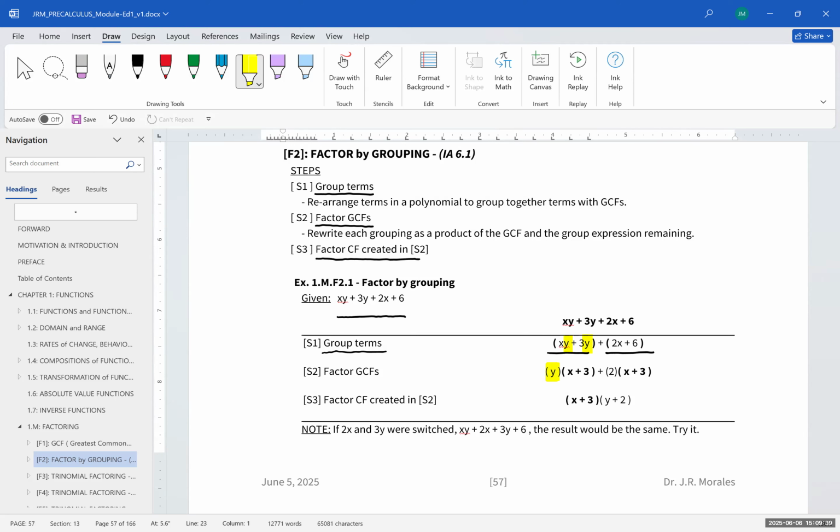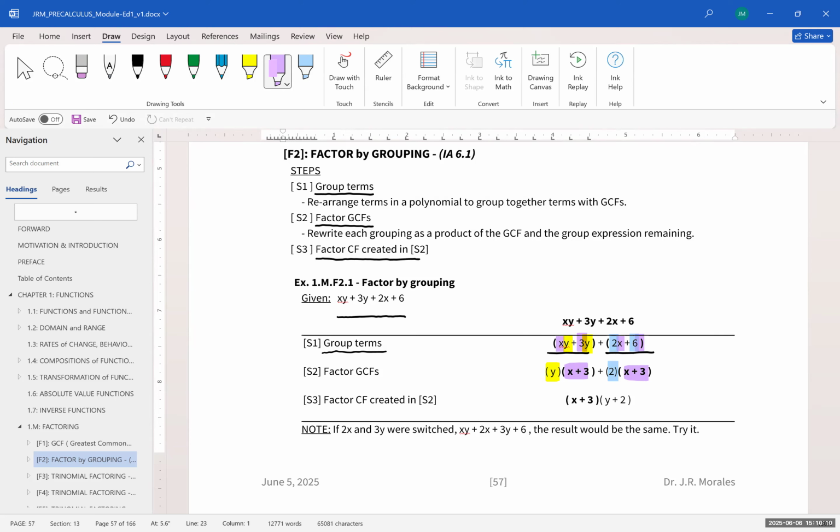And then in the second grouping, we can see that 2x and 6 both have a factor of 2 that we can take out. And what we have left is x plus 3 here, and in the second grouping, we also have x plus 3.